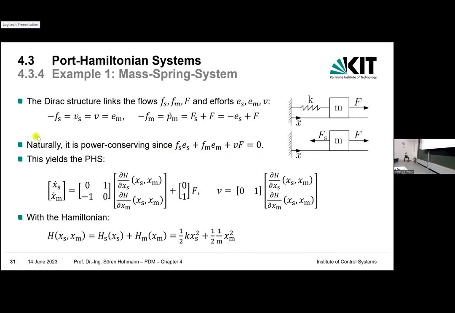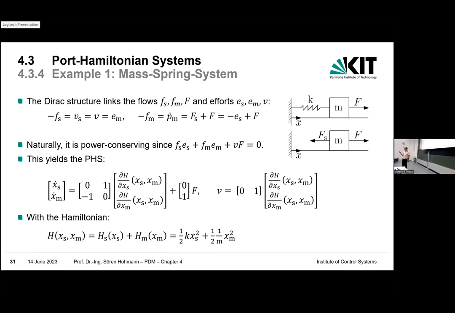Or the Newton's relations, the Dirac structure? I would say exactly. The matrix A, it's not always the case, but somehow it includes the Dirac structure, it includes the routing.